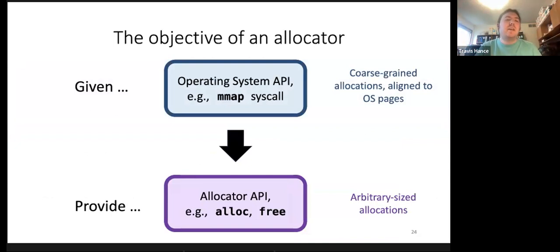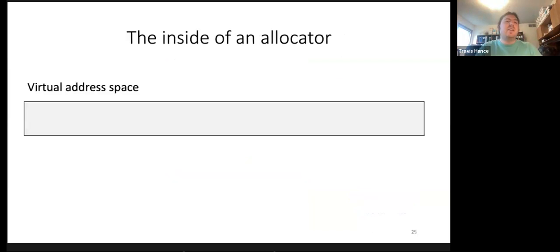For example, on Linux, you would use the mmap syscall to allocate these coarse-grained memory chunks that are aligned to, like, 4 kilobyte boundaries, right? So the allocator wants to make these coarse-grained allocations and then divide them up into the allocations that the user is requesting. Okay, so you can visualize it like this.